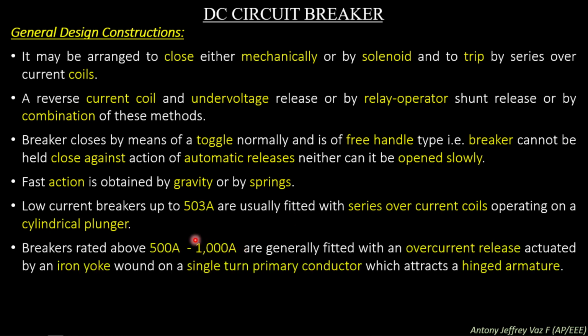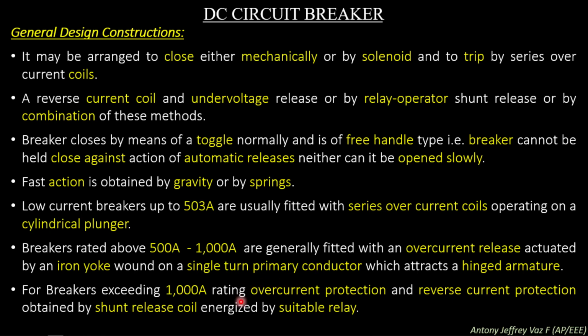Breakers rated above 500 to 1000 amperes are generally fitted with overcurrent release actuated by an iron yoke wound on a single turn primary conductor which attracts the hinged armature. So a single turn primary conductor passes through the iron yoke, and when this iron yoke is excited, the hinged armature will be moved and the breaker will be operated.